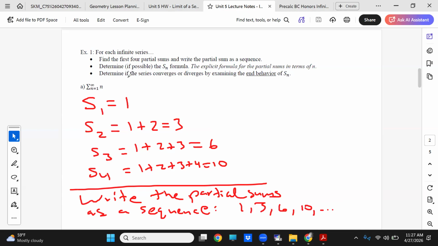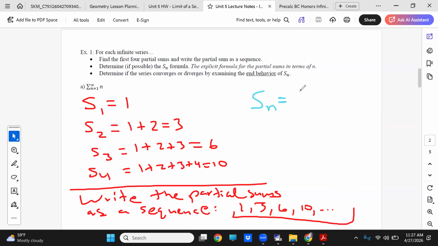Now determine, if possible, the S sub n formula, the explicit formula for the partial sums in terms of n. Can I write this as a formula? We could try. Let's think about it. If it's possible, maybe we could. What do you guys think?